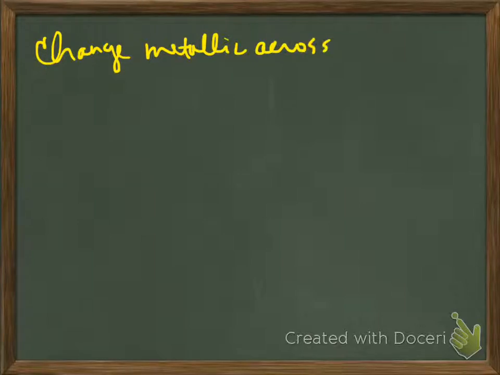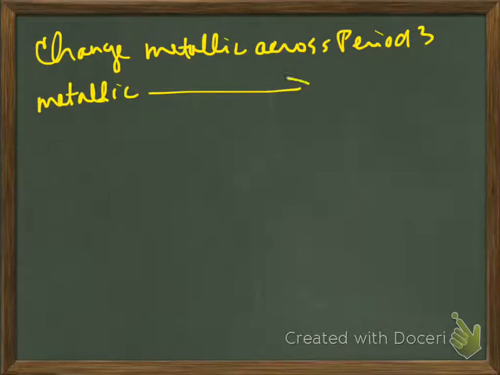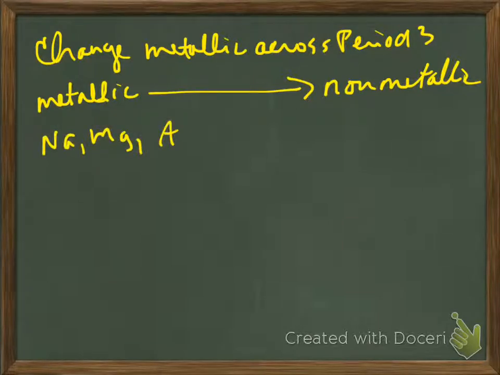All right, if we look at the change in metallic behavior across period 3, it changes from metallic to non-metallic characteristics going across the period. You have sodium, magnesium, and aluminum being shiny and conductive.